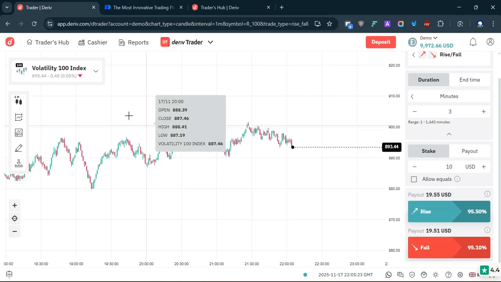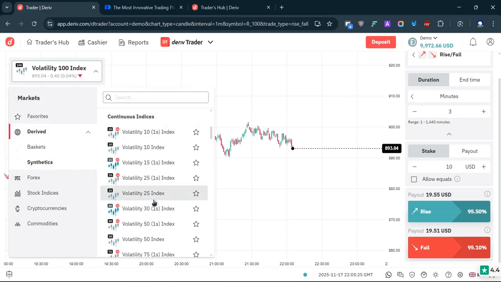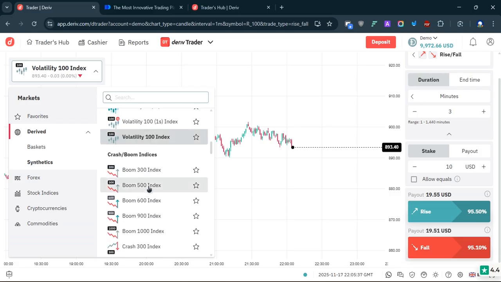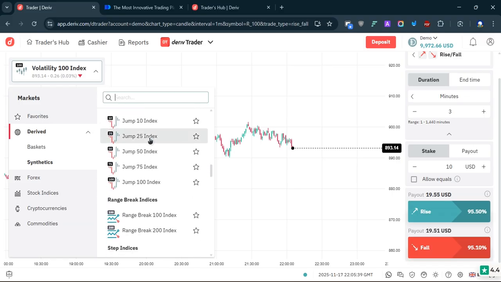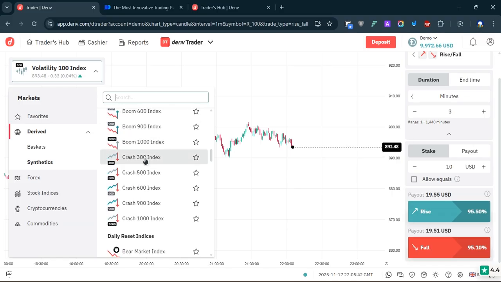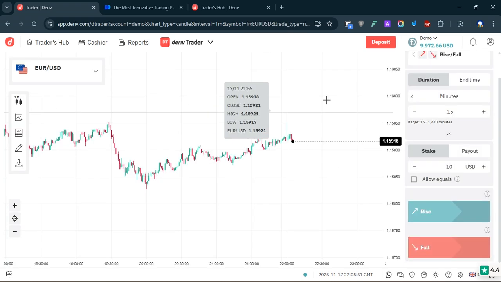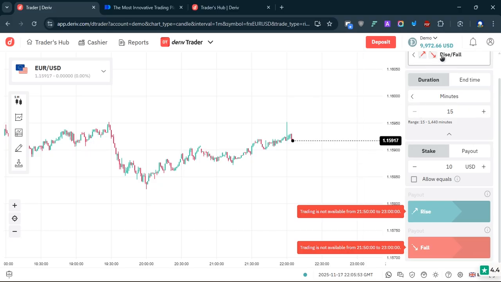The only difference is that these markets are derived, meaning they are not real markets. These are synthetic. They are not closed on a weekend. You can also say that they are computer generated. Most of the brokers who offer binary trading options do not offer binary options on real markets. The only thing they can offer is multipliers.